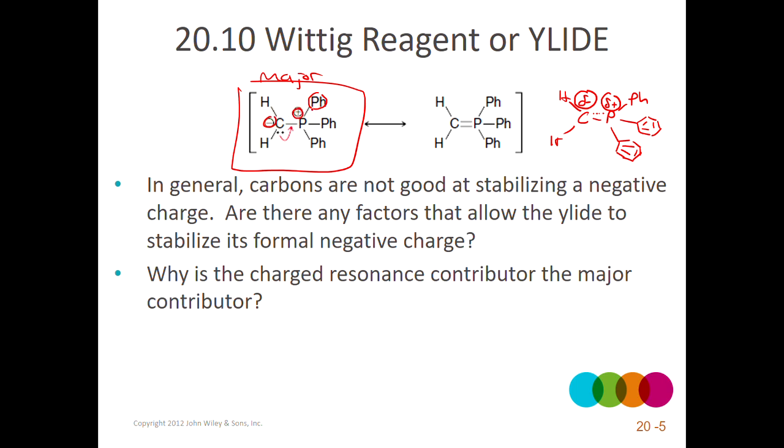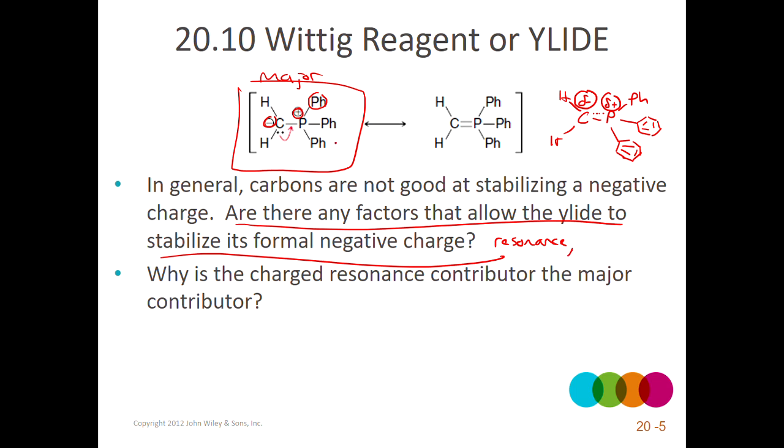So why is this the major contributor? First of all, among the factors that stabilize the negative charge, one is the resonance. And so instead of having full formal charges, we really only have partial charges because the resonance spreads the negative out between the carbon and phosphorus a little bit.